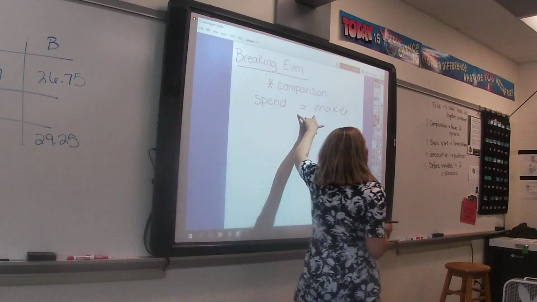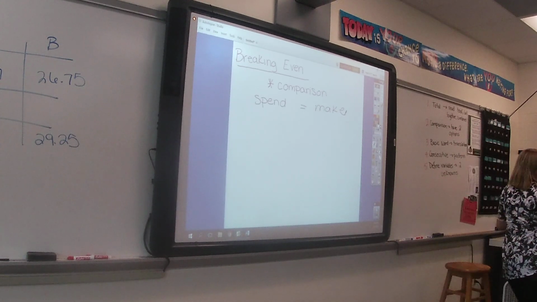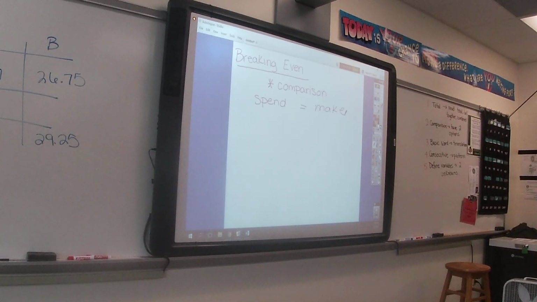These two things aren't necessarily obvious. But once you recognize that you're in a breaking even story problem, and that it is the same thing as a comparison story problem, but your two options are spending and making, everything else after that point is the same.